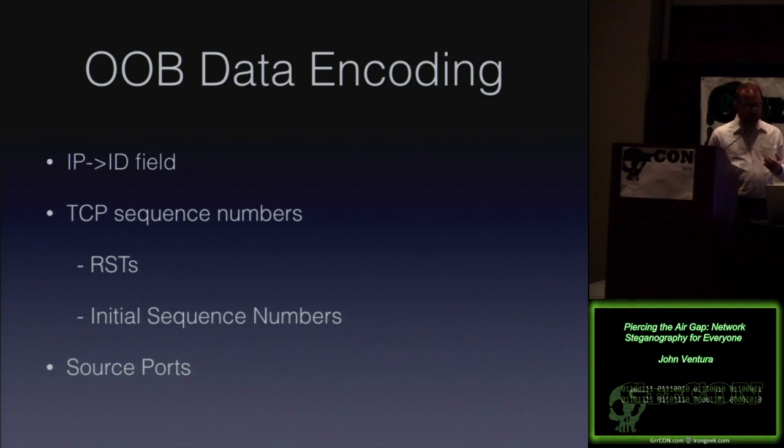Other people who have done this, and there's a doctoral thesis out there if you want to Google for it, have used RSTs. So they establish a legitimate TCP connection between point A and point B, and within that TCP connection, they send a lot of resets. So they reset the sequence numbers, and those new sequence numbers have the data stuffed into it.